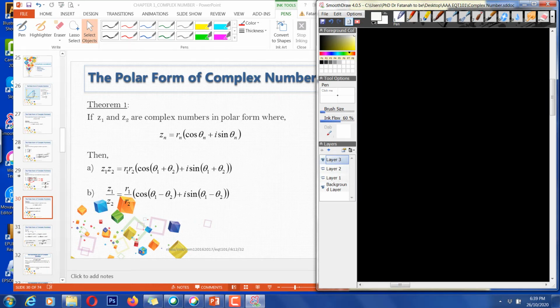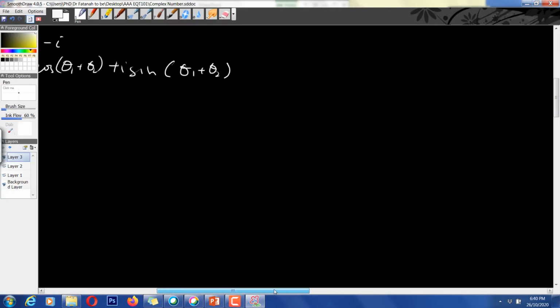Let Z1 equal 1 plus i and Z2 equal 1 minus i. Then Z1 multiplied by Z2 is equal to R1 R2 times cos of theta 1 plus theta 2, plus i sin of theta 1 plus theta 2. So what should we have here?